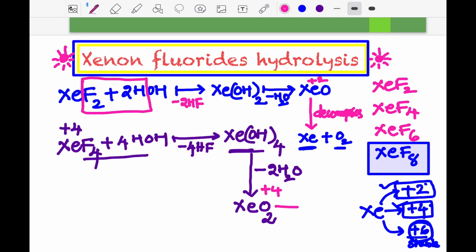So this will be disproportionated to form XeO plus XeO3. Again XeO further decomposes and produces the same products. XeO decomposes to produce xenon and oxygen.